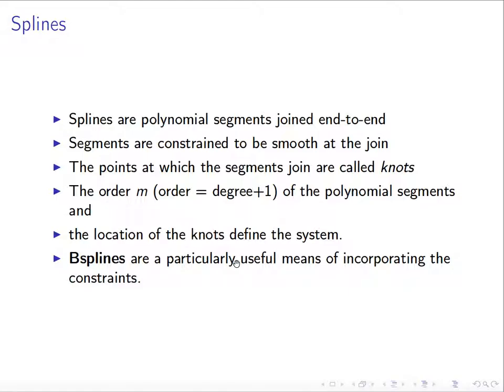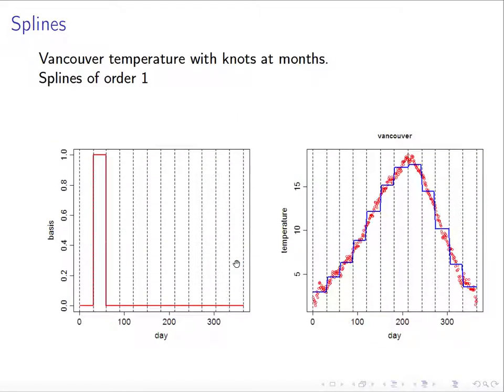There are several types of spline basis functions. The most commonly used are called B-spline basis functions. Fortunately, there is already software available to specify these basis functions automatically to satisfy these constraints, so we don't need to work on the B-spline basis functions ourselves.